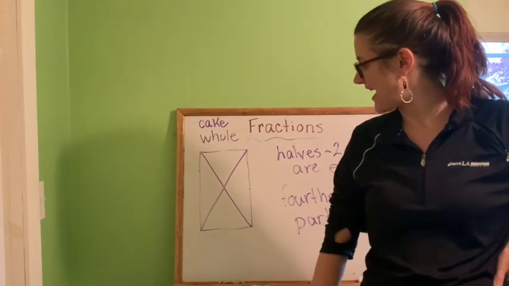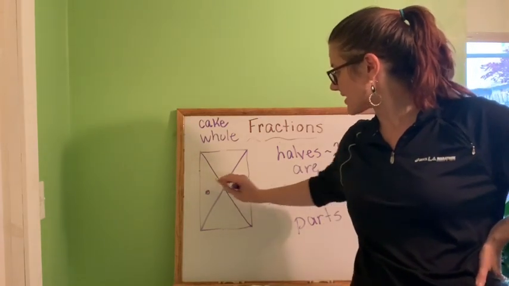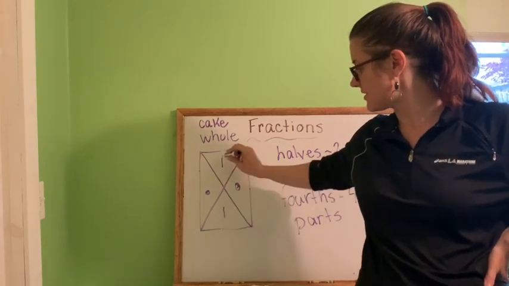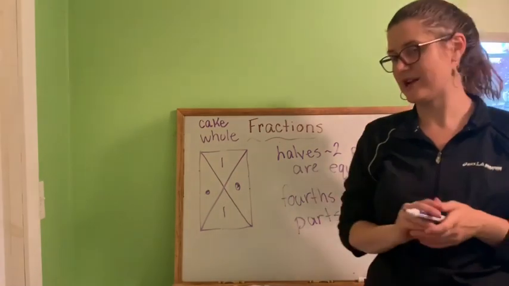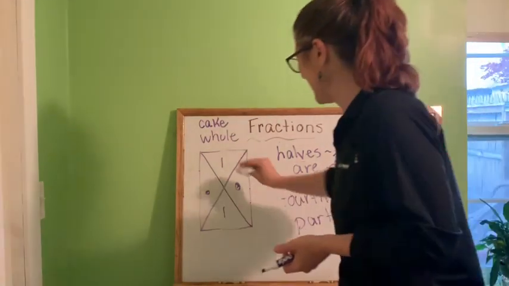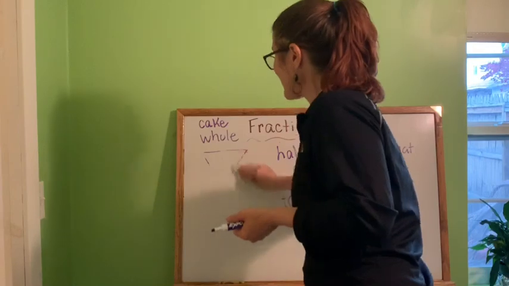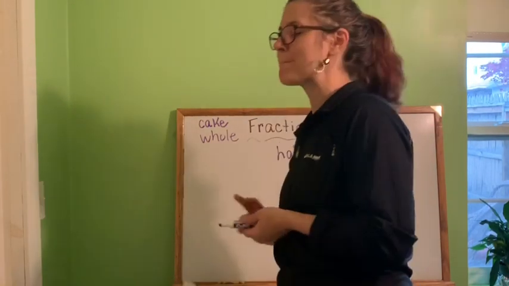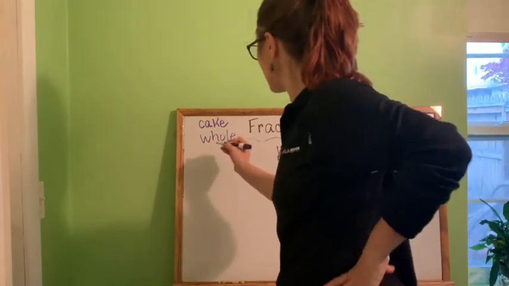What do you think about that? This part is equal to this part, but I don't know if those 2 triangles are equal to that triangle. So what do we think about that one? I don't think so. That would work on some shapes, right? That would actually work on a square, but it doesn't work on a rectangle. So let's go back to that rectangle.